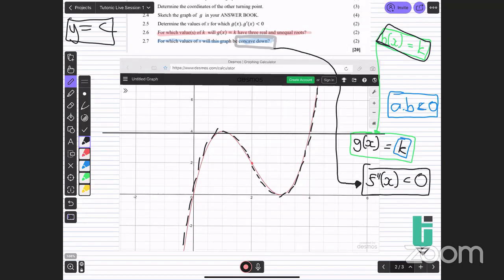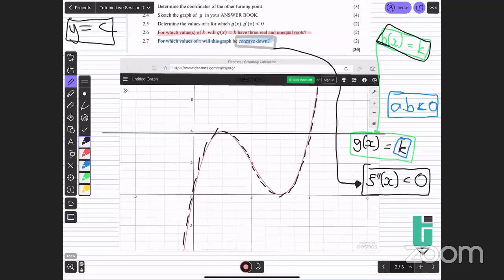Yeah, so a simple way to say it: the tangent goes from being above the graph to being below the graph, or below the graph to above the graph. Okay, so concave down is when the second derivative is smaller than 0, or the graph is below the tangent.